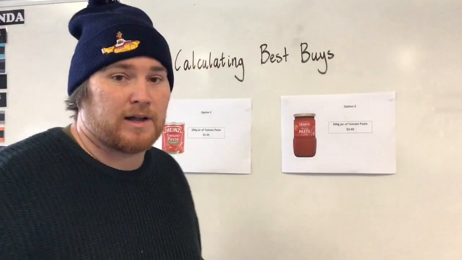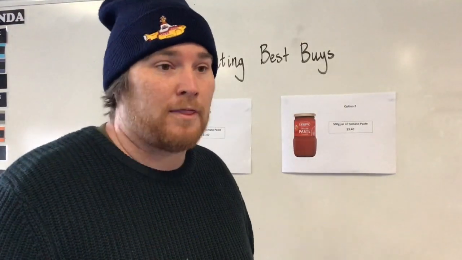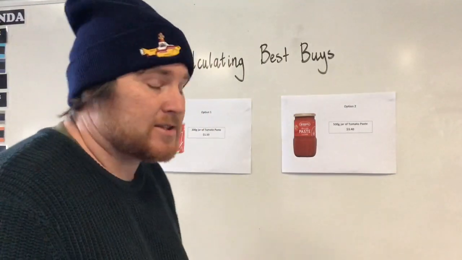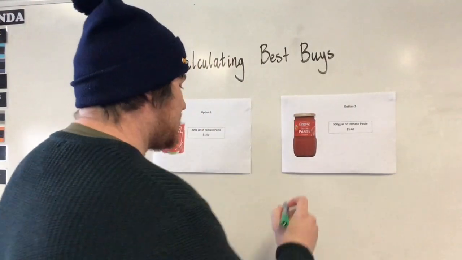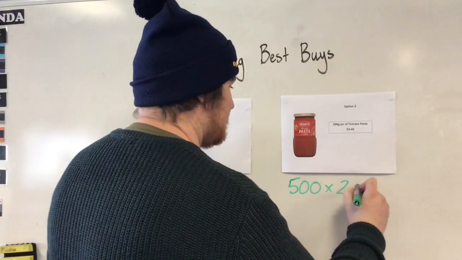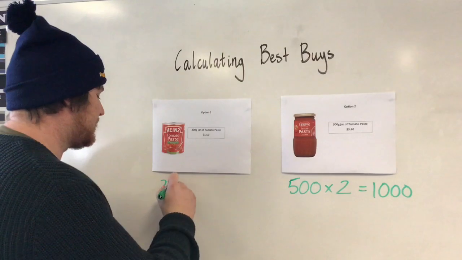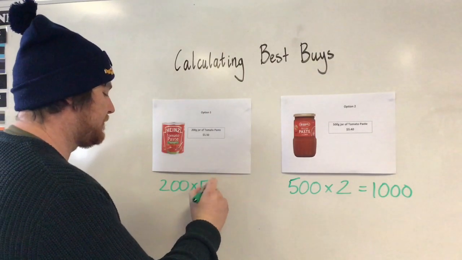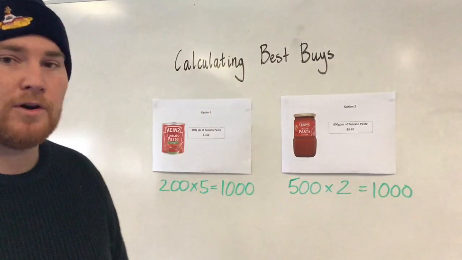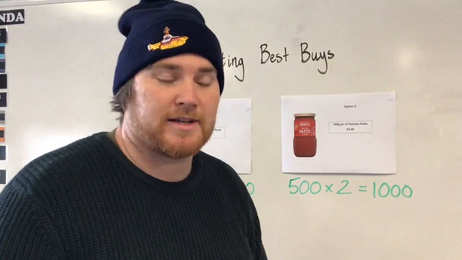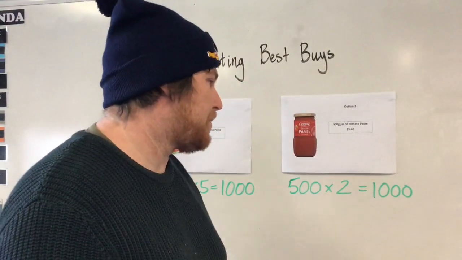And I'm going to multiply up, so both are 1,000 grams, or a kilogram. To multiply 500 to get to 1,000, I need to multiply that by 2. And to get from 200 to 500, I'm going to need to multiply by 5. Now, because I have multiplied the amount, our quantity, we are also going to have to multiply our price.